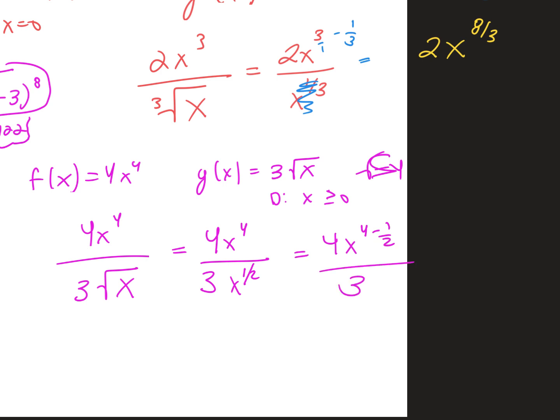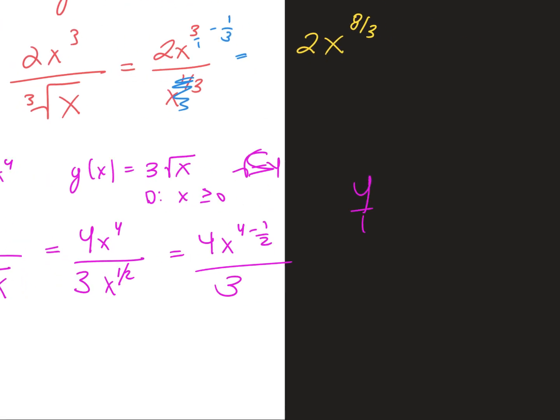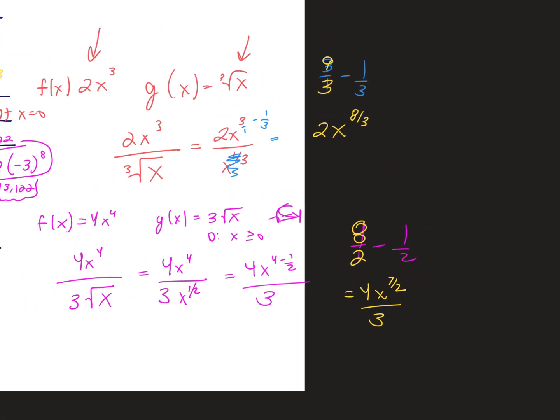So I have 4 minus 1/2. I have to get a common denominator, so the 4 becomes 8 over 2. Agreed? So I have 4x to the 7/2 over 3. That is simplified. That's all you need to do there.